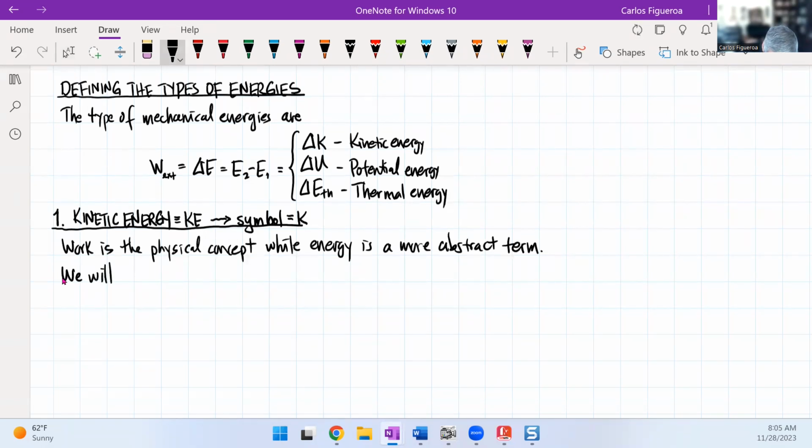We will calculate the WORK done to change the motion of an object.